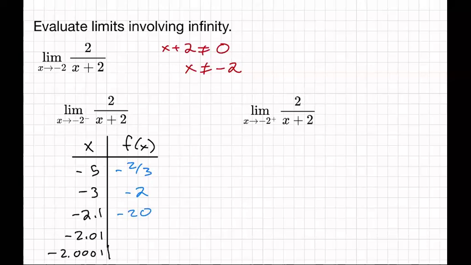-2.01 gives me -201 over 100. -2.0001. Oh, I'm totally messing this up, y'all.